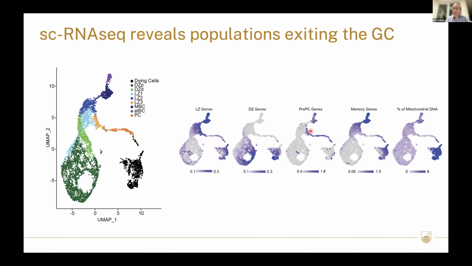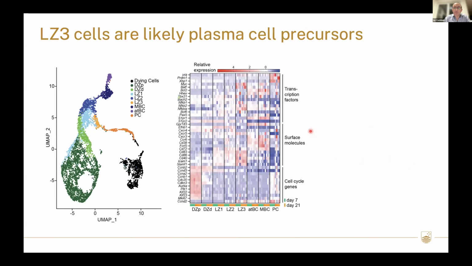And sure enough, they're enriched for genes that had previously been inferred to be pre-plasma cell gene markers. We compared that signature to one published previously by a group in Japan, who had identified cells they called fraction 1 cells.